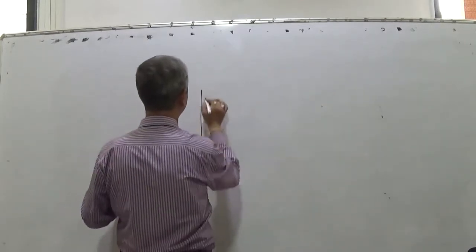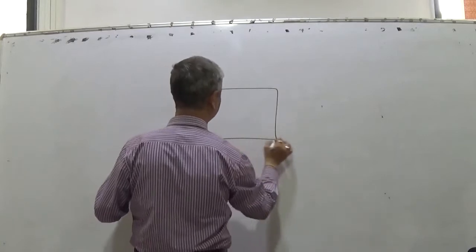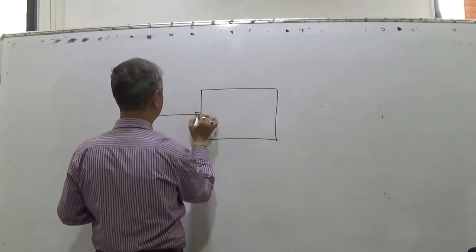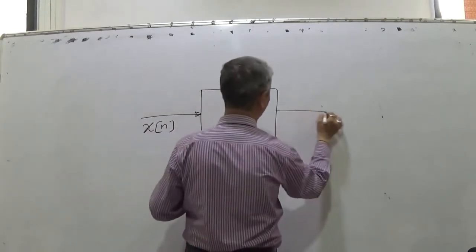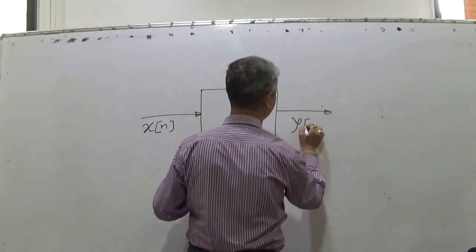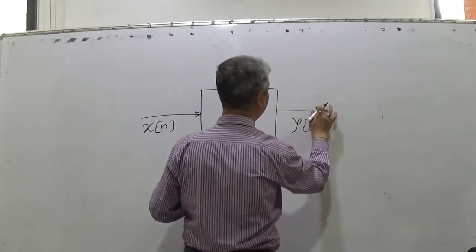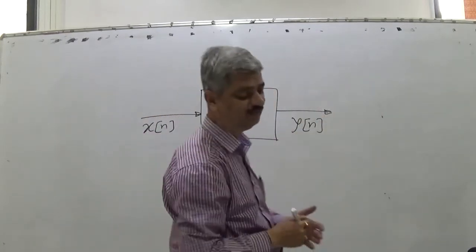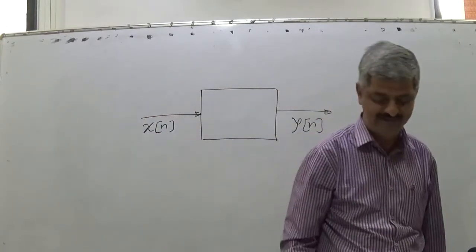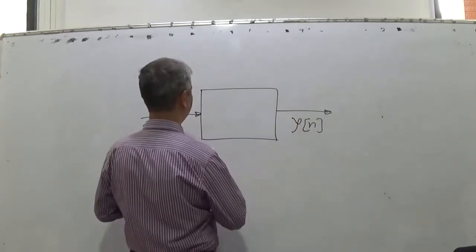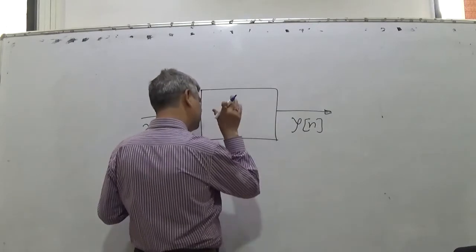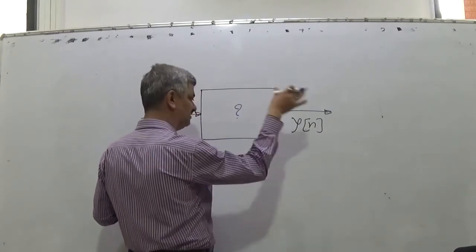A system has an input Xn and an output Yn, and there has to be some relation between Xn and Yn. That system is described by what I said in the previous lecture.